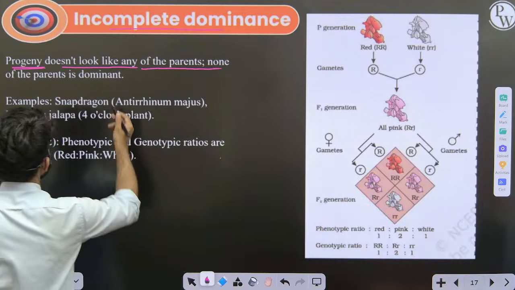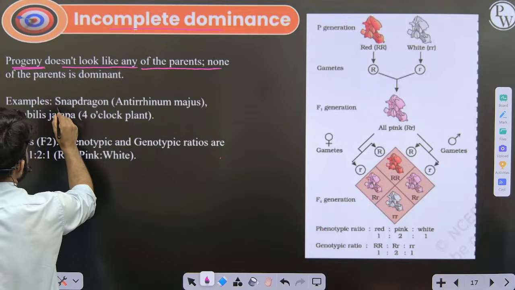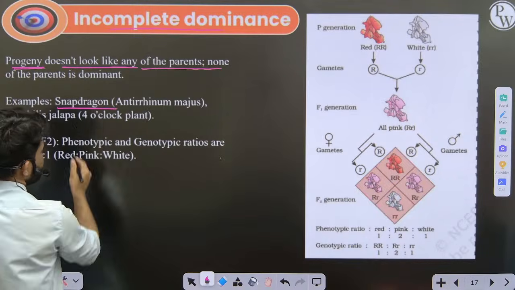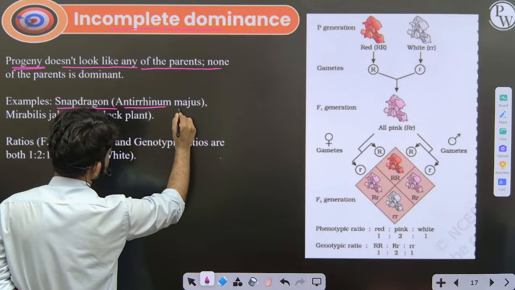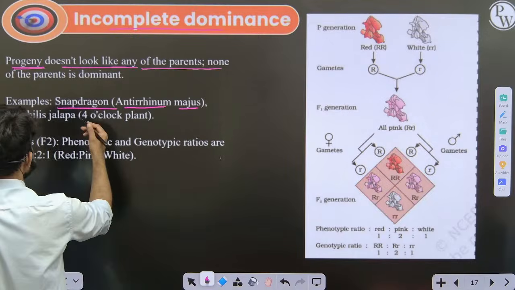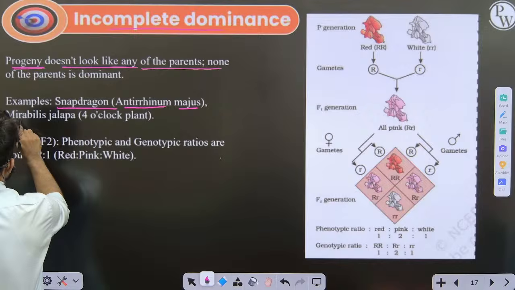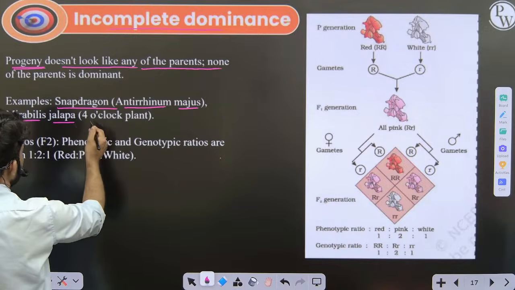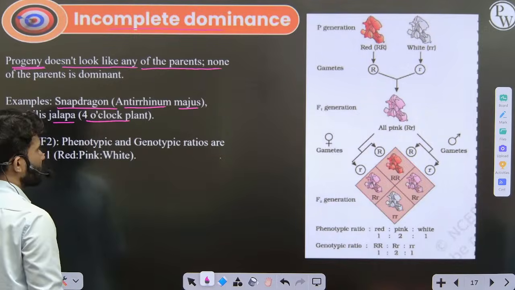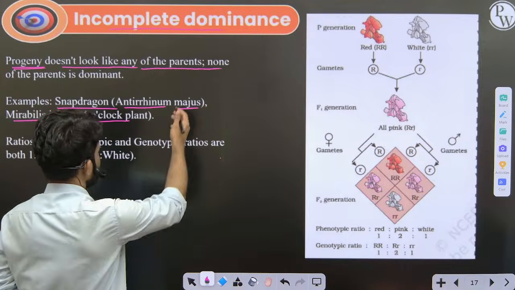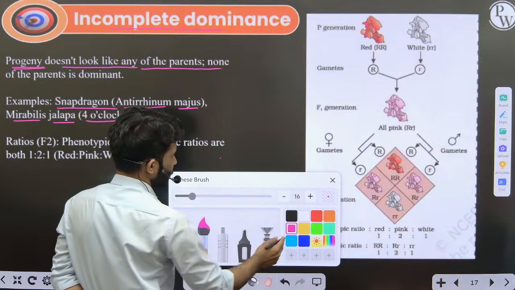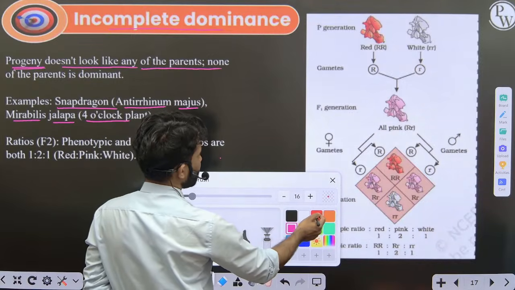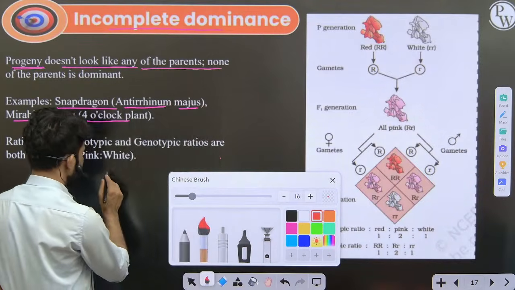One example of incomplete dominance is the snapdragon plant, and another example is Mirabilis jalapa. Take a cross of this snapdragon plant. One parent is a red color flower, and the other is a white color flower.